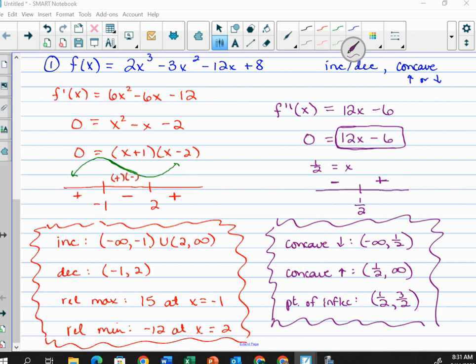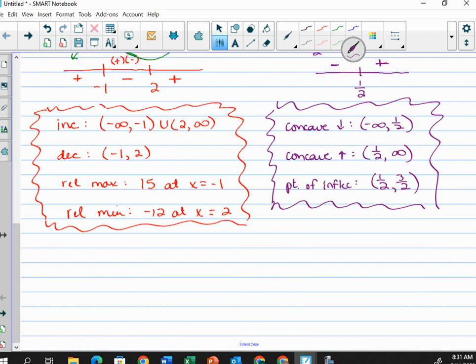It's not really that different than what we were doing in skill 11. It's just like another layer of it, okay? So what I want you to try now, I want you to sketch f of x, thinking about maximums, minimums, point of inflection, increasing, decreasing, all that stuff.